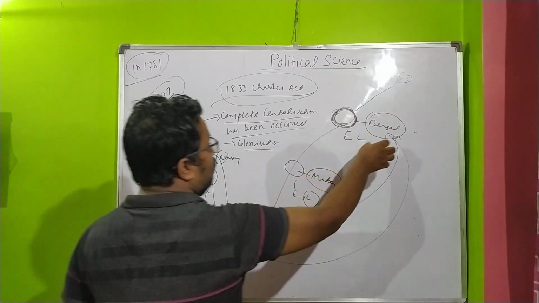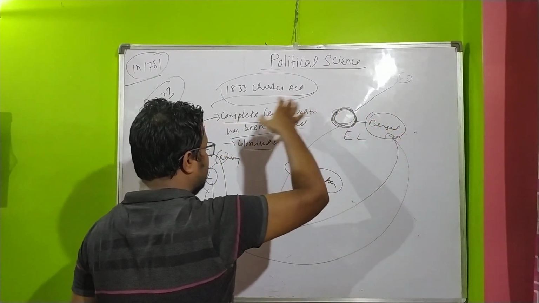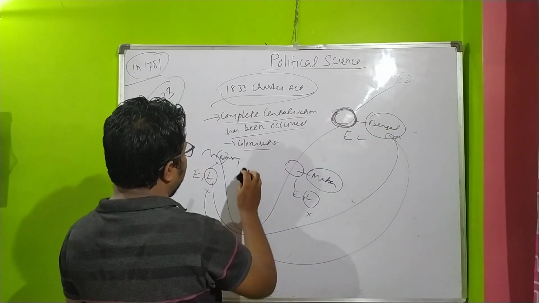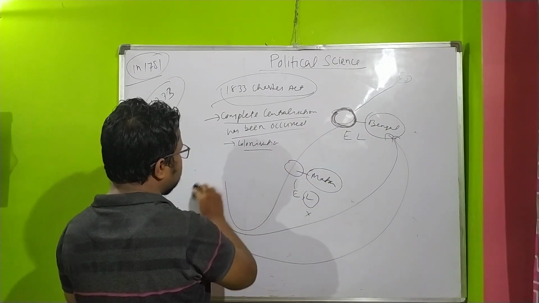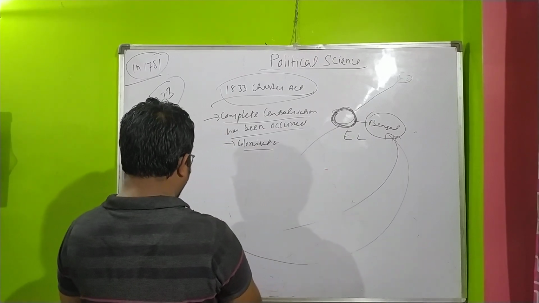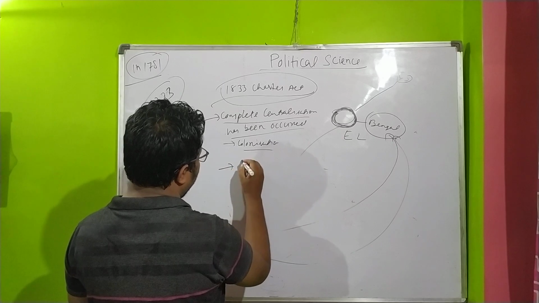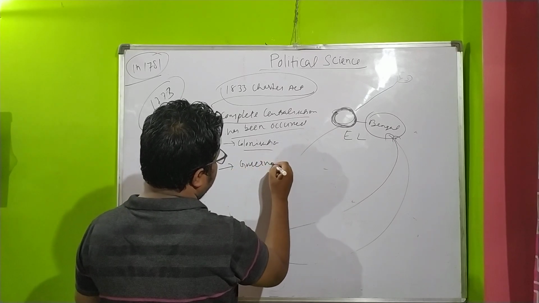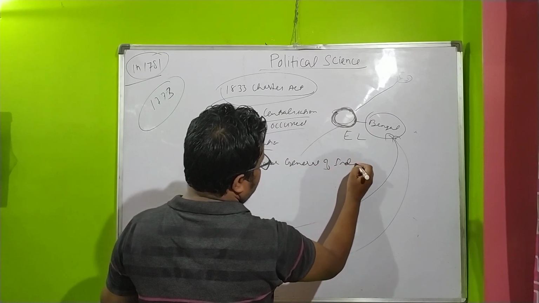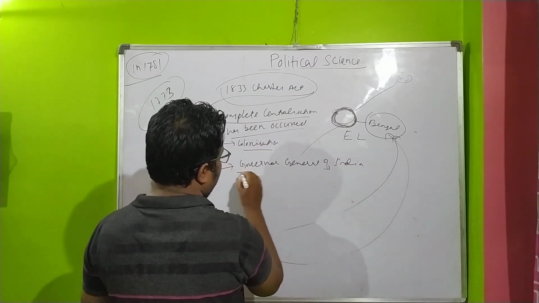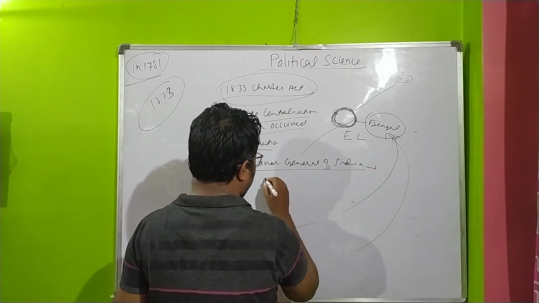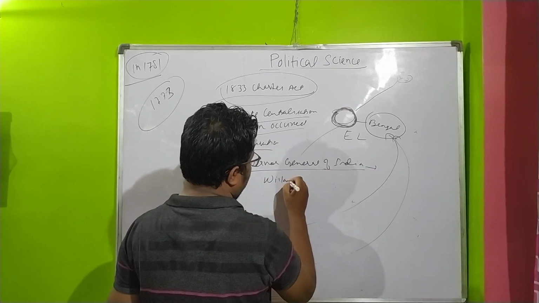And since the Governor General of Bengal got more legislative powers, or all legislative powers, the Governor General of Bengal is now said to be the Governor General of India. The first Governor General of India was Lord William Bentinck.